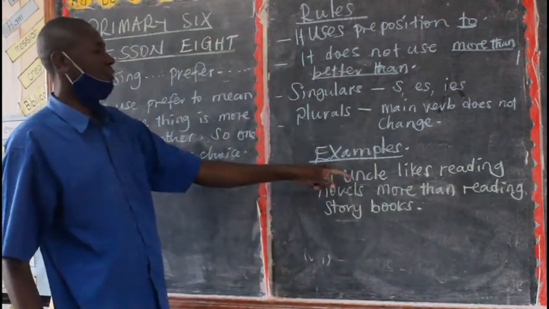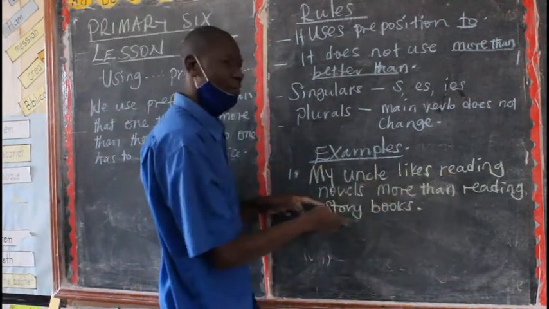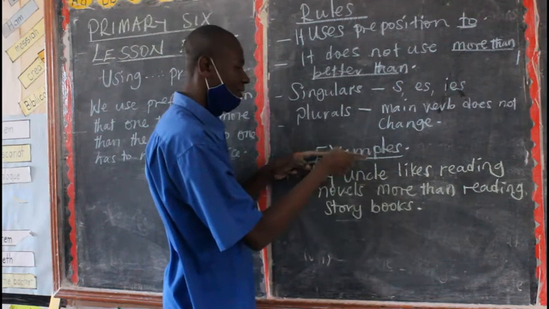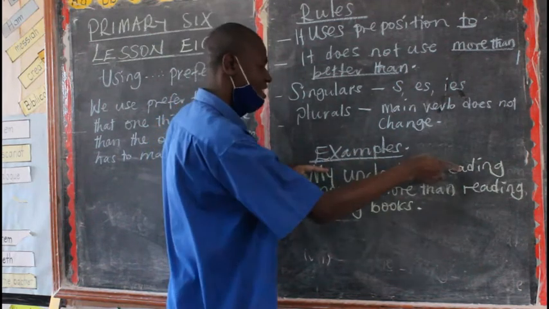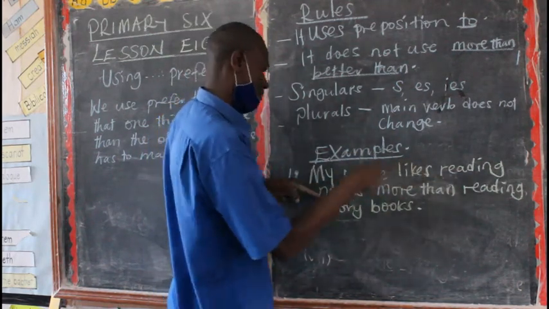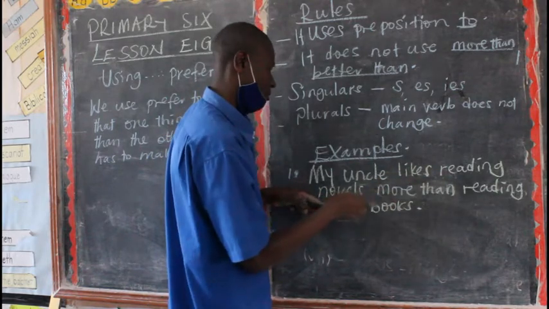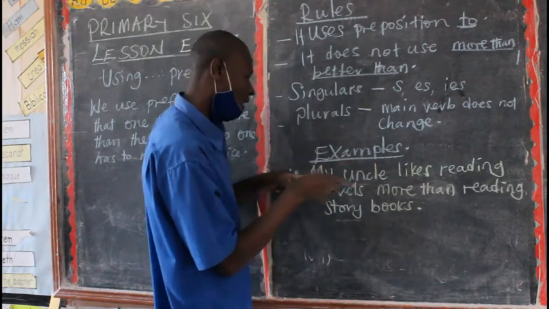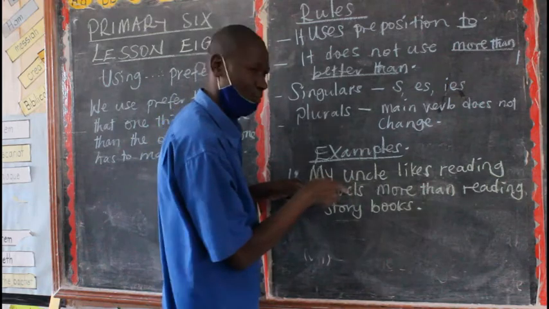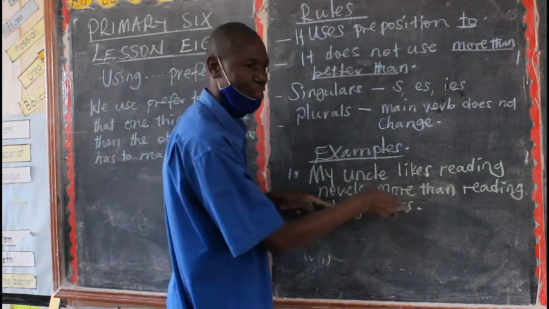So there are two choices here, reading novels and reading storybooks. But here you are talking about your uncle liking reading novels more than reading storybooks. That means the choice of your uncle is reading novels, but not storybooks.